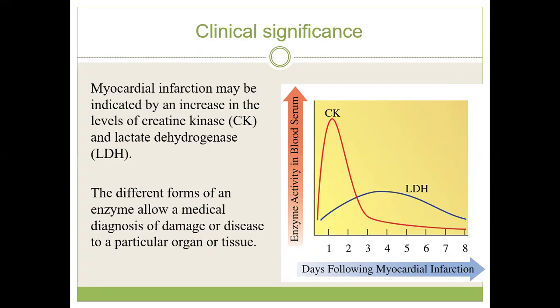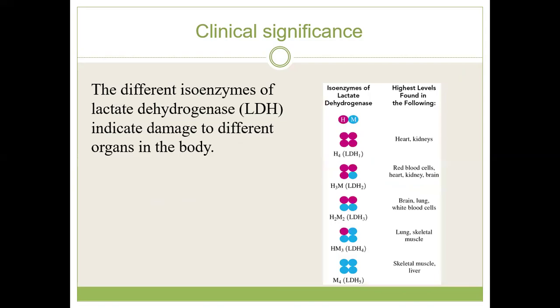For example, in the case of myocardial infarction, we have an increase in the level of creatine kinase and lactate dehydrogenase, and when a doctor asks for the analysis of this, you know that this is what he is trying to check. So some of these enzymes are used in clinical settings to determine the healthy state of some organs, and they play a very important role in disease diagnosis.